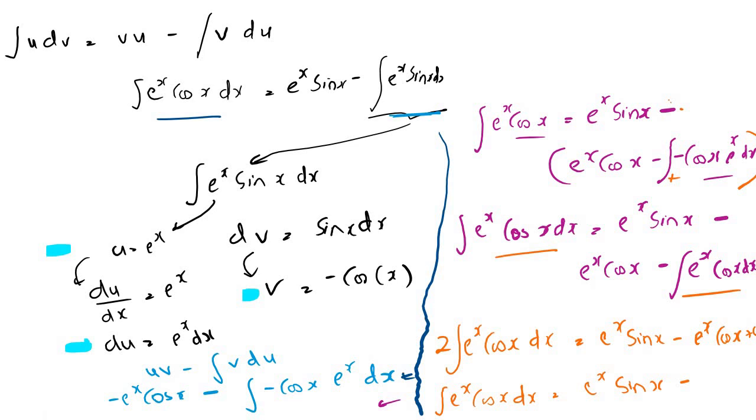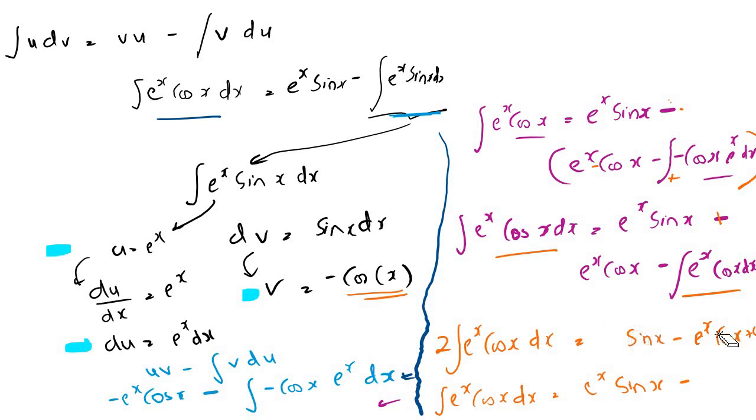I just noticed I made a mistake here. This should be minus cos x, because v is equal to minus cos x. If that is minus cos x, then this should be plus e to the power x, because this minus and this minus make it plus. And I think I made a mistake here as well. Let me get rid of this.